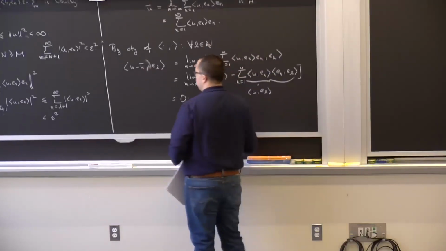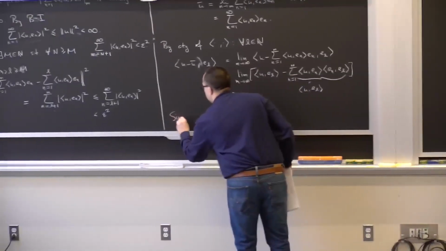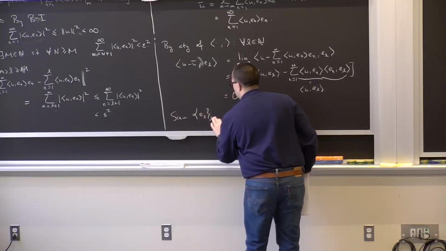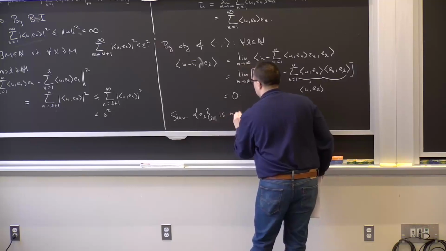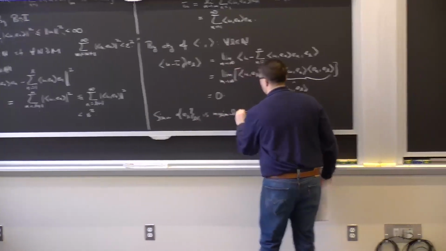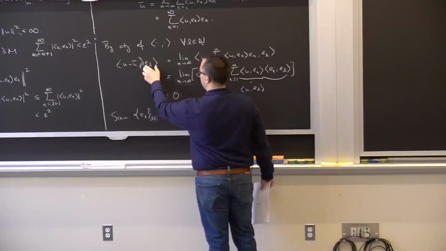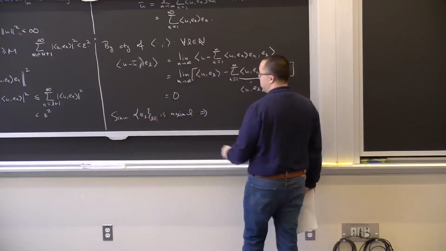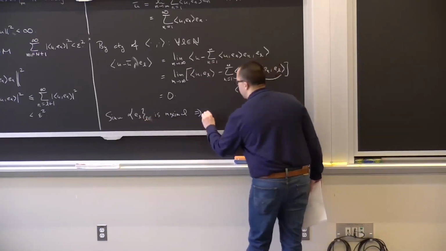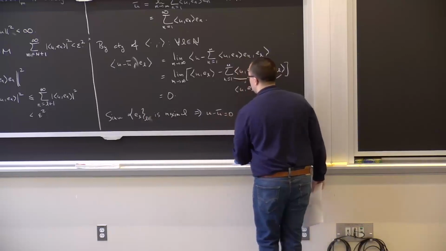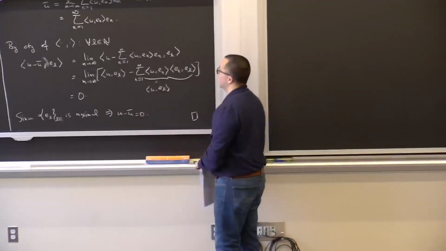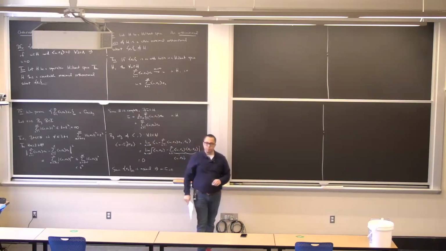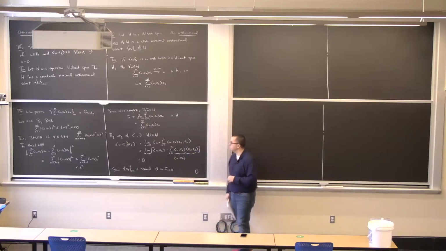And since this collection is maximal, the only element that's orthogonal to every element in this collection is 0. That implies that u minus u bar equals 0, and therefore u equals u bar, which means u is equal to this series.